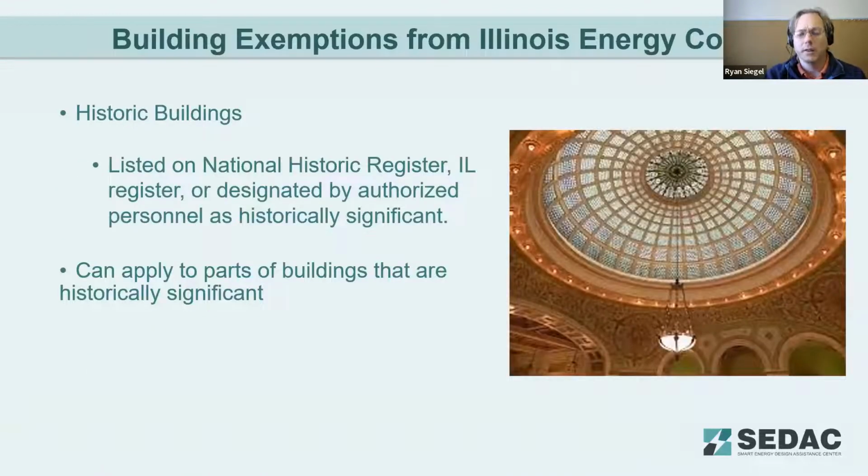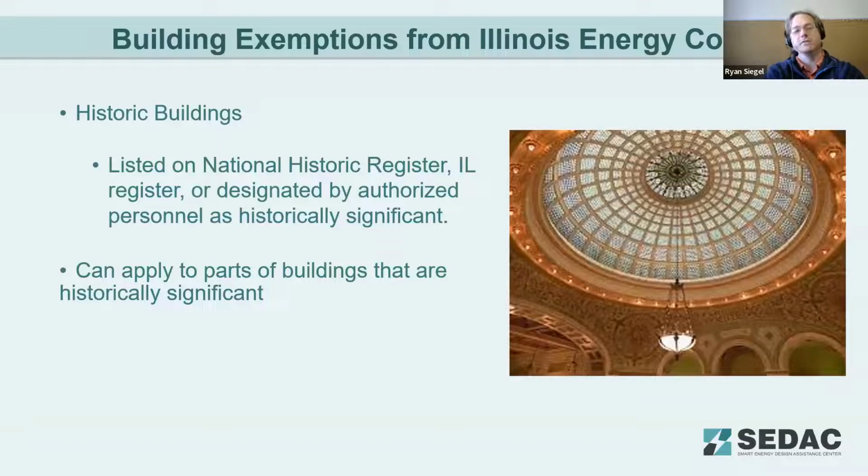So another area that we see is historic buildings. Illinois does exempt buildings that are listed on the national or state historic registers or designated by authorized personnel as historically significant.